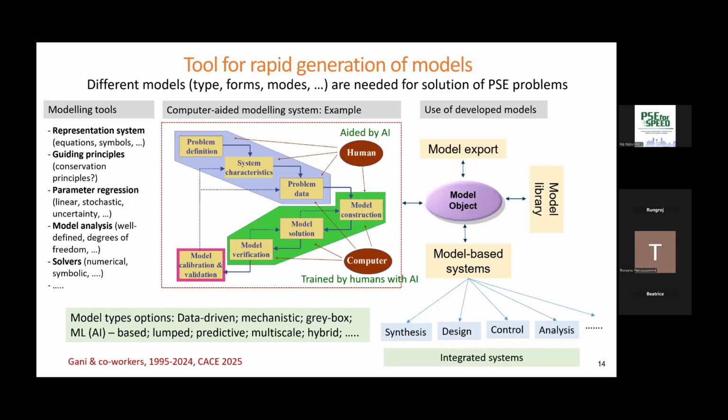And these days, with the help of AI and some other computer science tools, we can develop all these integrated systems without the user needing to write any programming code. But the user needs to understand the problem, needs to understand what they're doing, but they don't need to do the coding. So there is a lot of saving in time and resources.